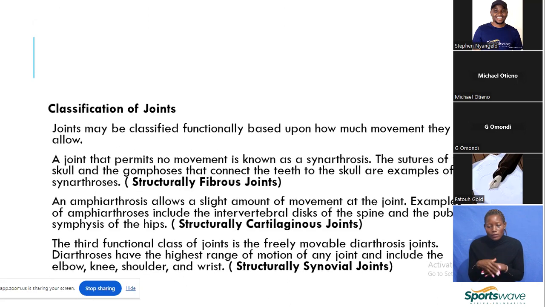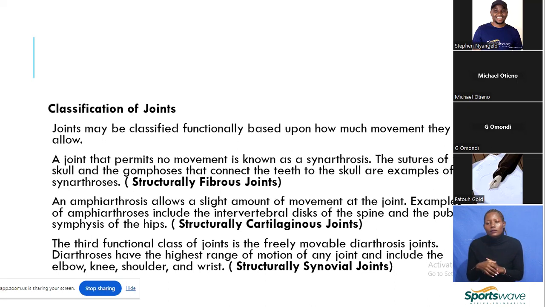Here, what I want to bring out is that there is a classification of joints. You can classify joints structurally and functionally. Functionally, the first type of classification is called synarthrosis, but structurally it is a fibrous joint.